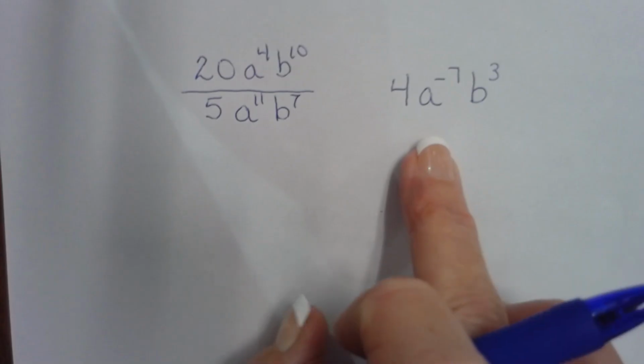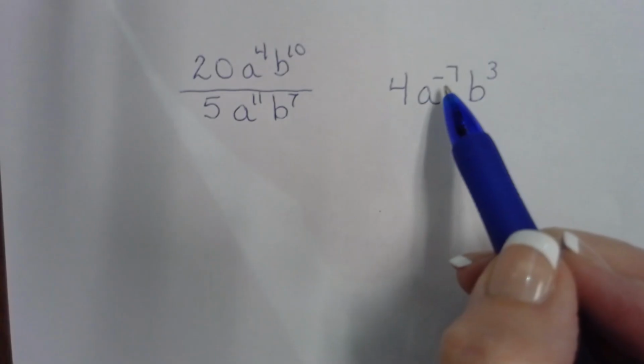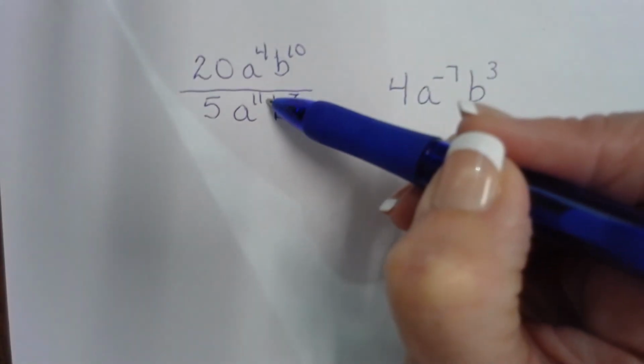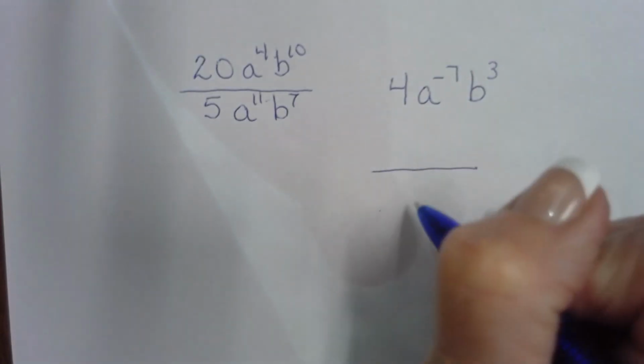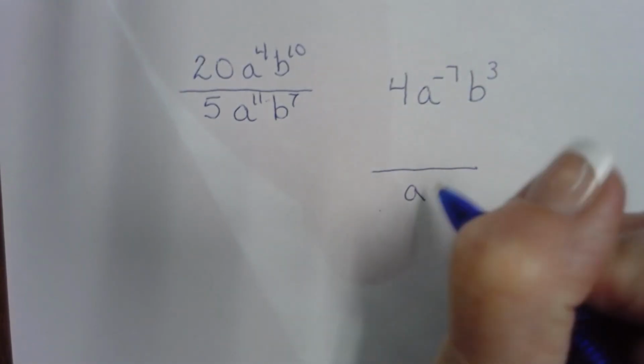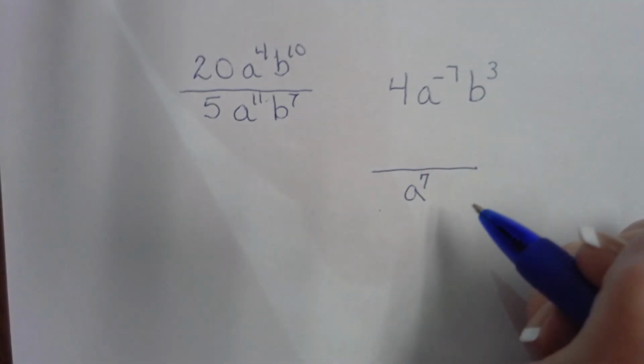So what I was telling you is see, we can't have negative powers. Since the power is bigger on the bottom, when you do your subtraction, you just move that variable to the bottom and you keep a positive power on it. Okay?